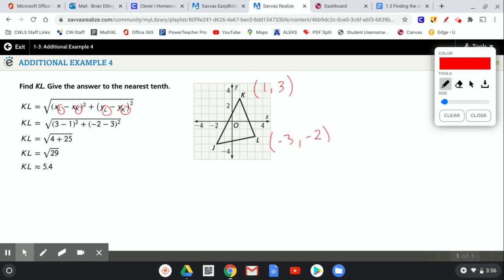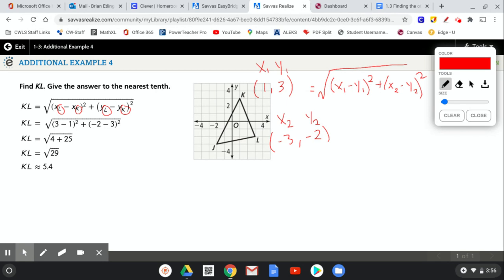If we start with K, we can call that x1, y1. And then we have our L, which is x2, y2. Because in the formula that you just wrote down, we have the square root of x1 minus y1 squared plus x2 minus y2, squared.